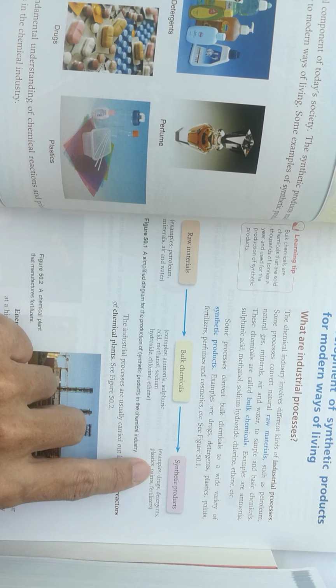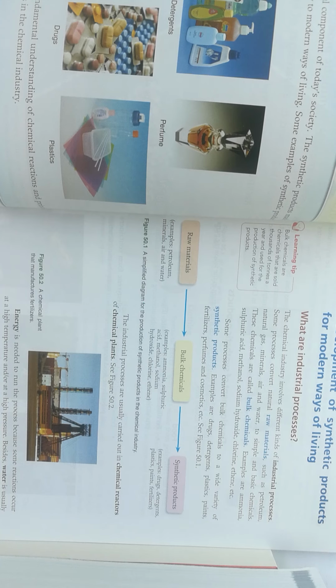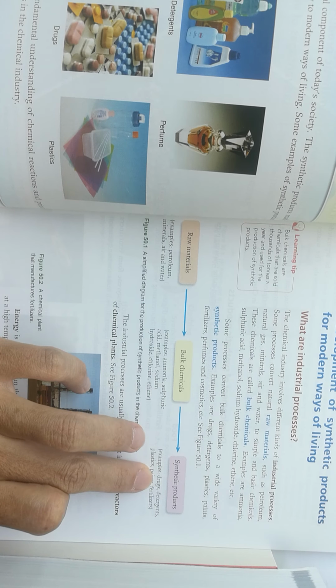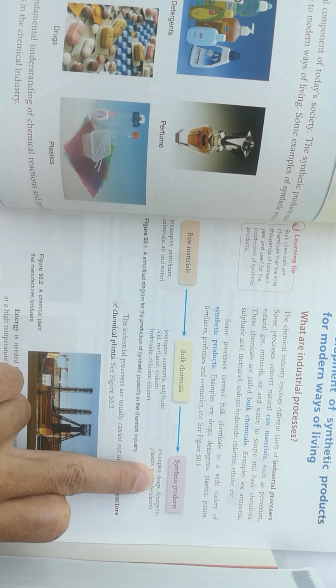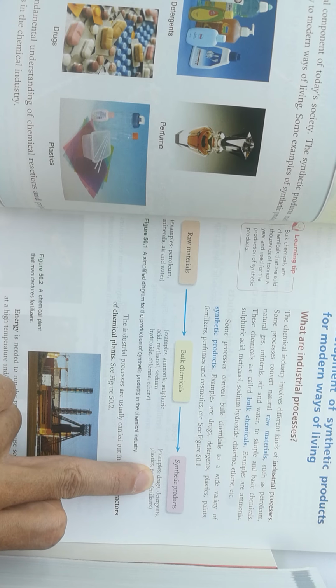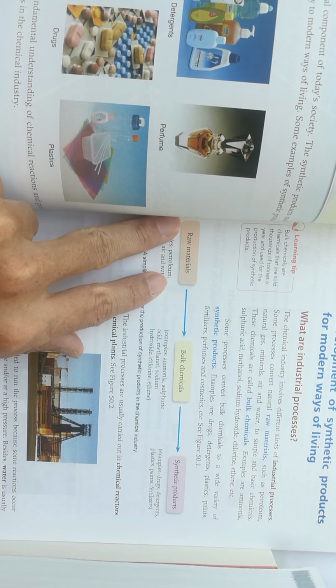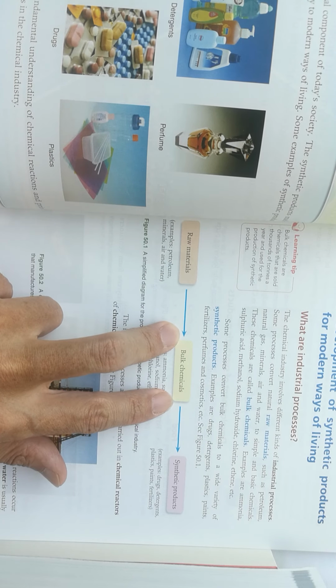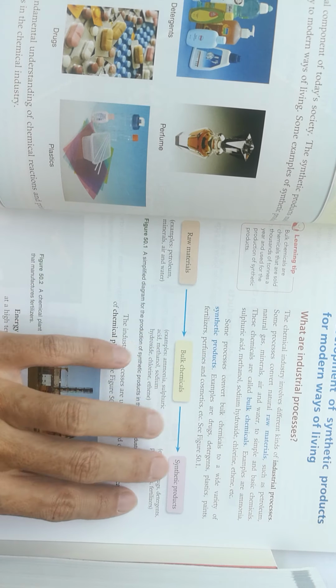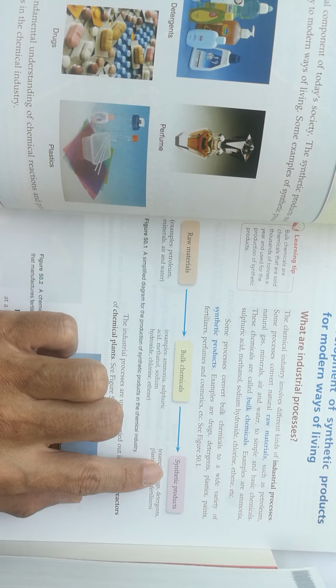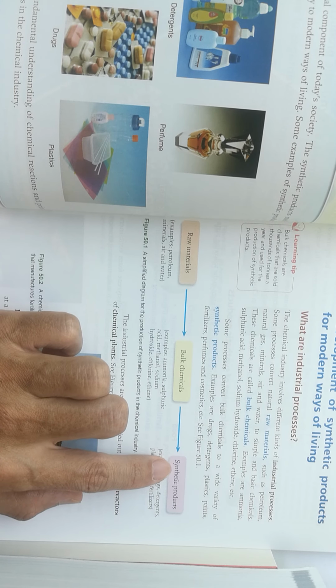Because some of the synthetic products are very specific and not widely used, only for some patients. The demand is not so high. So the flow is we use the raw materials to produce the bulk chemicals, which then produce synthetic products.